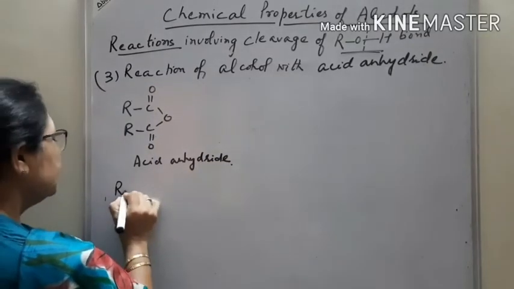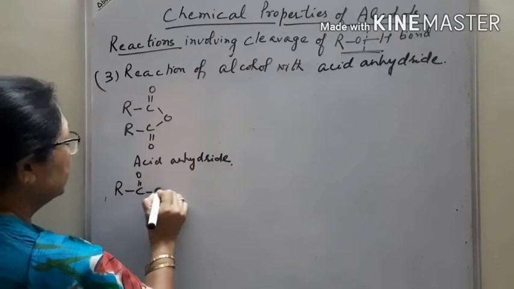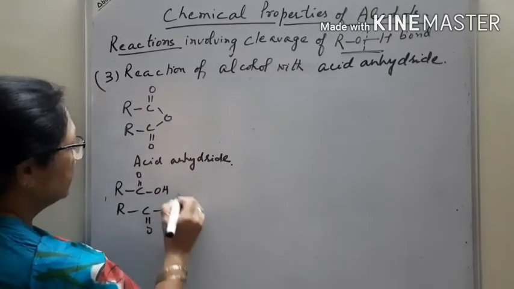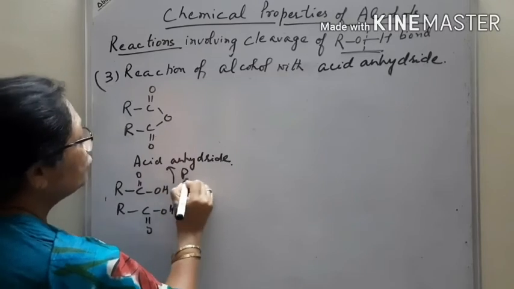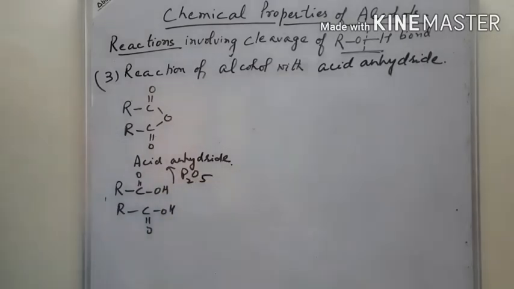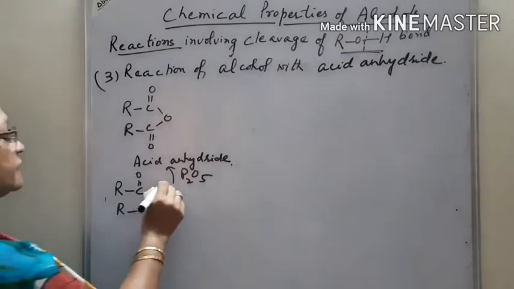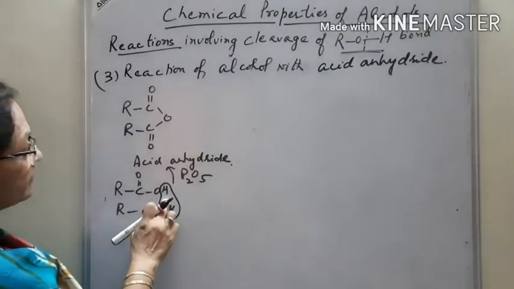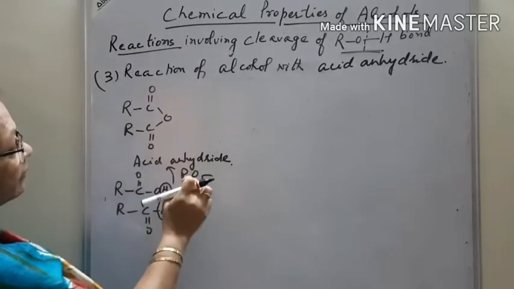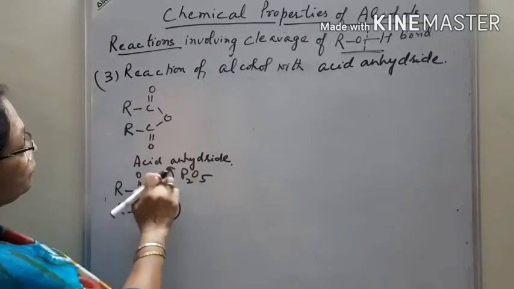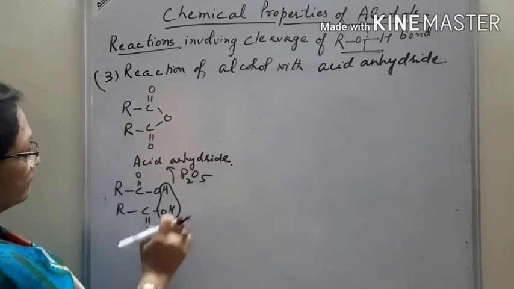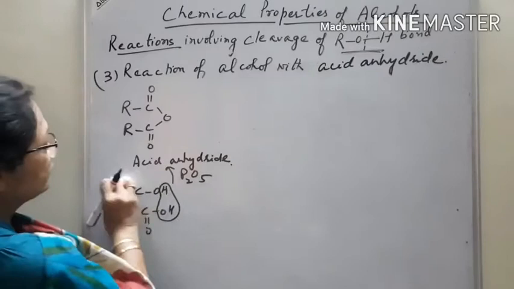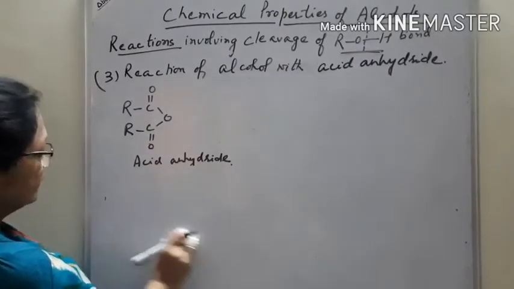Because when we take carboxylic acid, and in presence of dehydrating reagent P2O5, right? This dehydration takes place, and the anhydride has been formed without water. The water is removed, and that's why we call it acid anhydride, right?